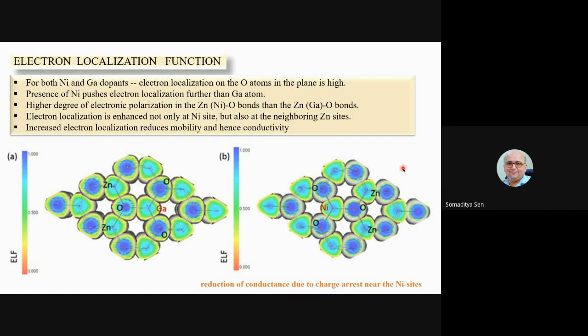Now if you dope something with 3 plus or 4 plus, then you will land into oxygen interstitials. You don't have any control on that. And what if you dope lithium or something like that? You will land up with less oxygen, so oxygen vacancies. So these are known types of experiments.